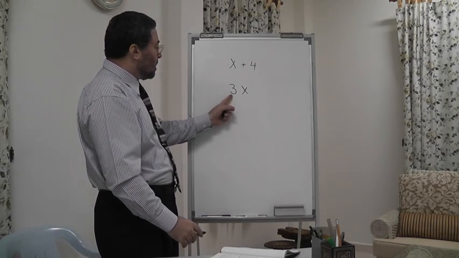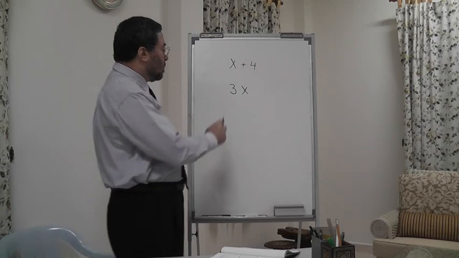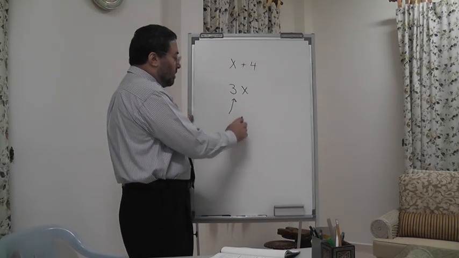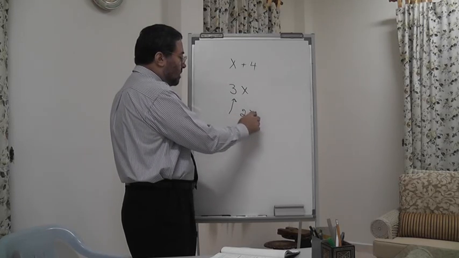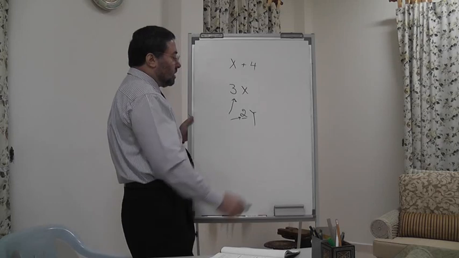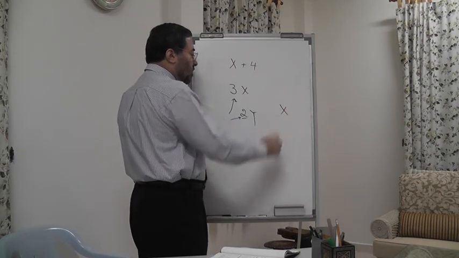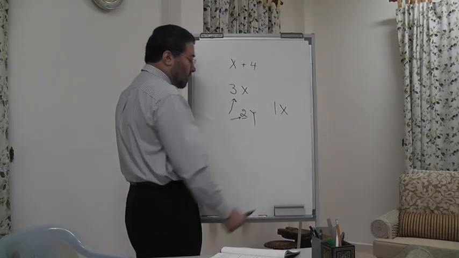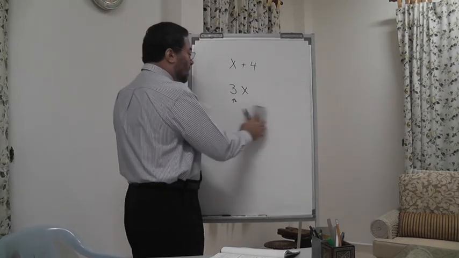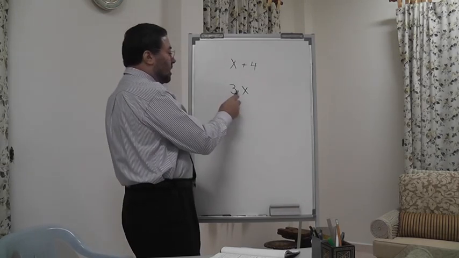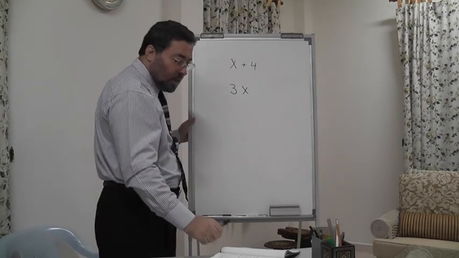This term has a number in front of x, and we call this number the coefficient of x. And if I have like 2y, this will be the coefficient of y. And we said that if there is no number in front of our variable, then the coefficient will be 1. So here my term is made up of a coefficient and a variable.